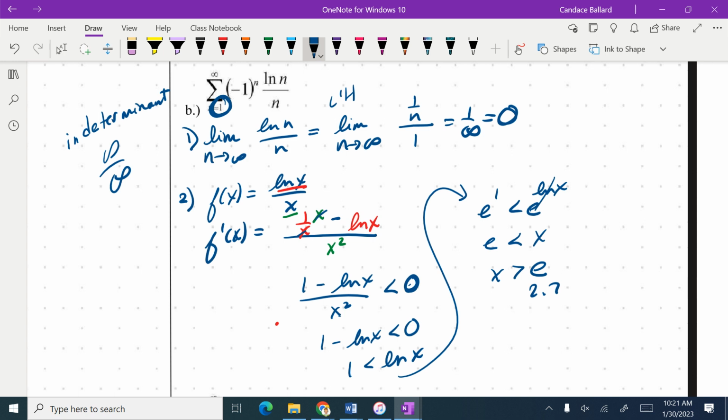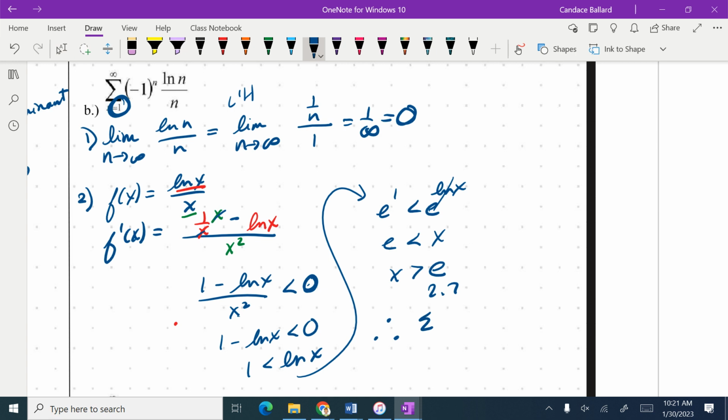So did we pass our alternating series test? Yeah, it passes, right? So does it converge or diverge? Converges. Good. So therefore, the sum as n equals 1 to infinity of (-1) to the n. All I'm doing is copying my original series notation down. Okay.